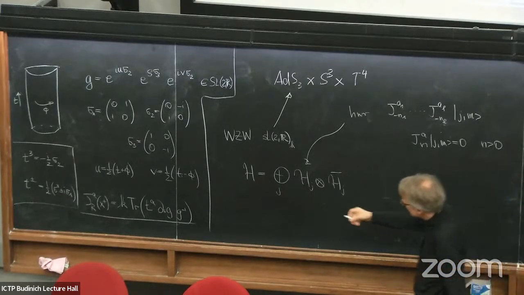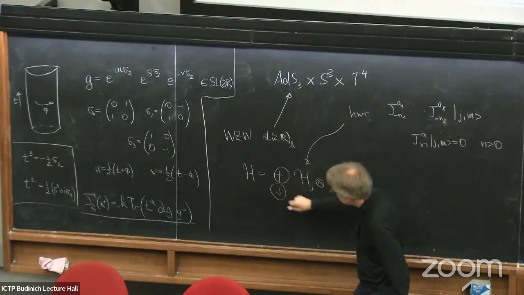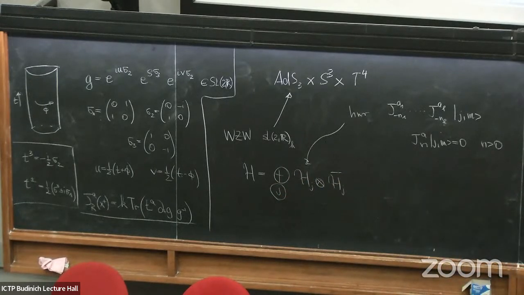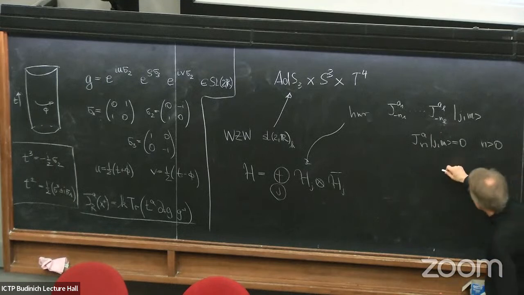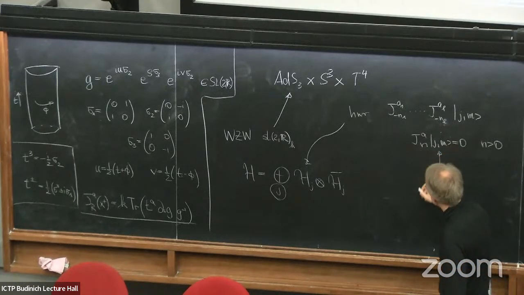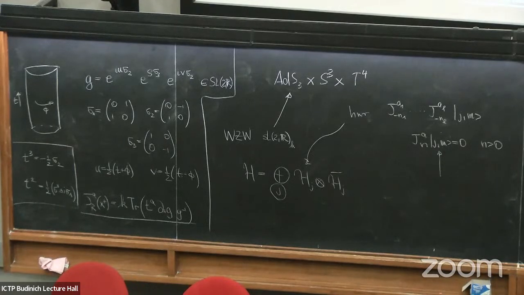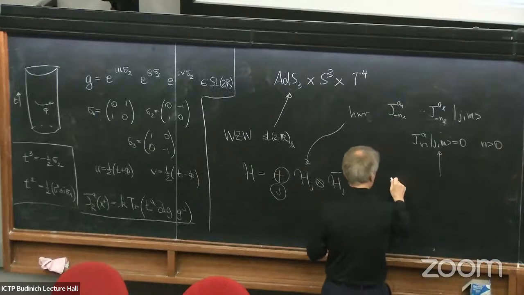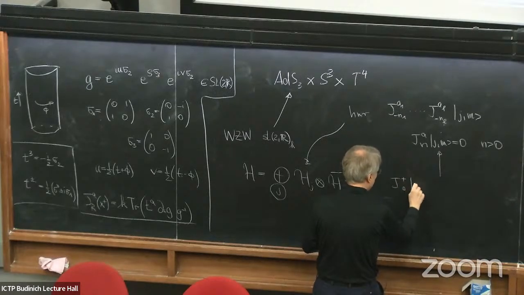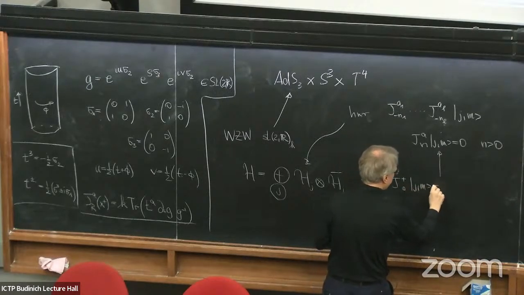And then the question is, what should this sum over j run over? And what this sum over j labels are these highest weight states. And what I mean by that is that we have an action of the zero modes of SL(2,R) on these highest weight states. And specifically, I choose the conventions that the plus mode just shifts.